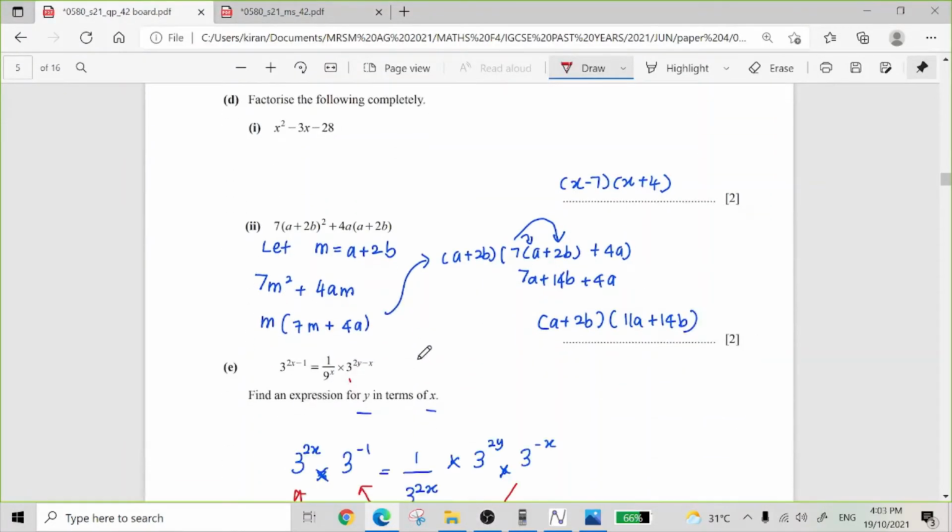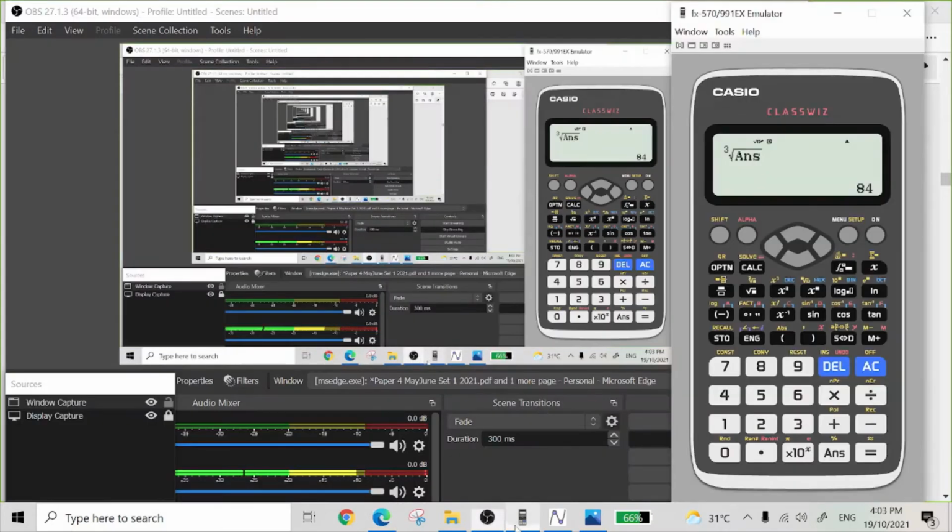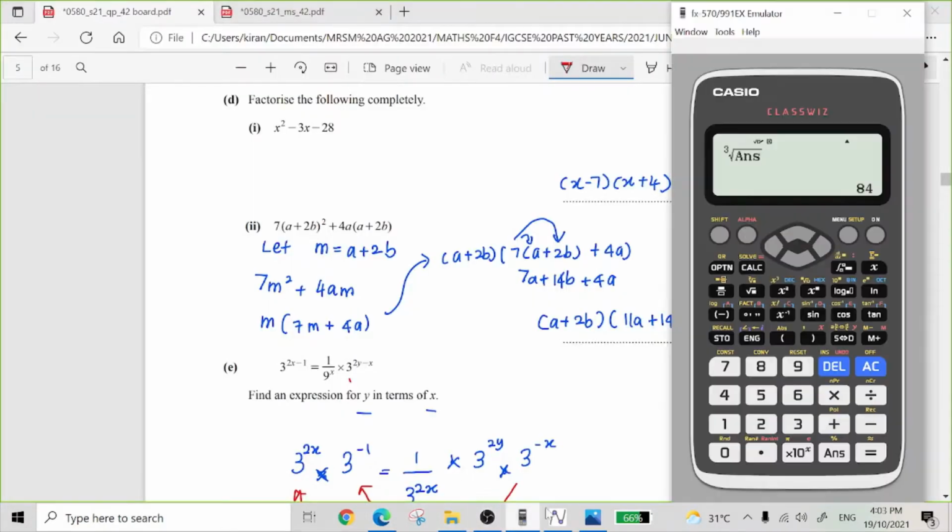Continue with question 3D. Factorize the following completely. For this question, x² minus 3x minus 28. Actually you can use your calculator for this kind of question. We choose the menu Equation, and then we choose 2, polynomial degree 2. The x² coefficient is 1, the x coefficient is -3, and the last coefficient is -28.